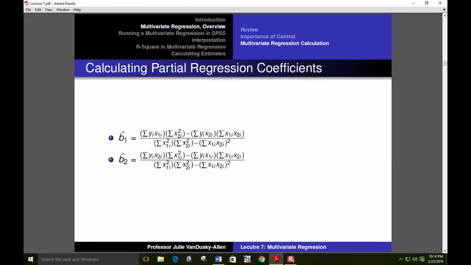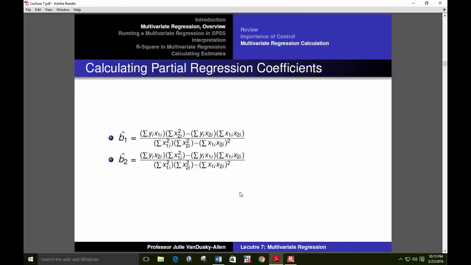Now, before I show you how to run a multivariate regression analysis in SPSS, I wanted to show you how the analysis is calculated. It's important to note that I won't have you actually calculate a multivariate regression because, as you can see, it is a complex calculation. I just wanted you to have a basic idea of what the math is doing. So in multivariate regression, you calculate the coefficients B hat for each independent variable separately. Each calculation takes into account variation in all of the independent variables, just in different ways based on which variable you are focusing on.